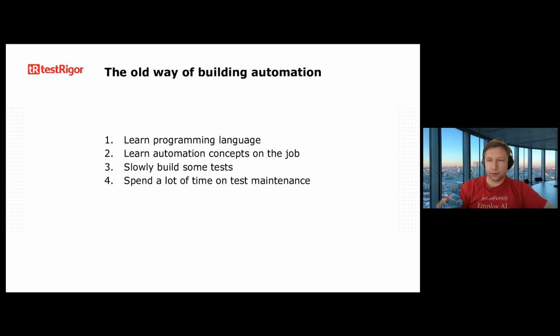All right. Finally, let me get to the topic today. What's the old way of building automation? As mentioned, it is learning a programming language. Unfortunately, you can't even start learning Selenium until you learn a programming language. That's a shame, frankly speaking.